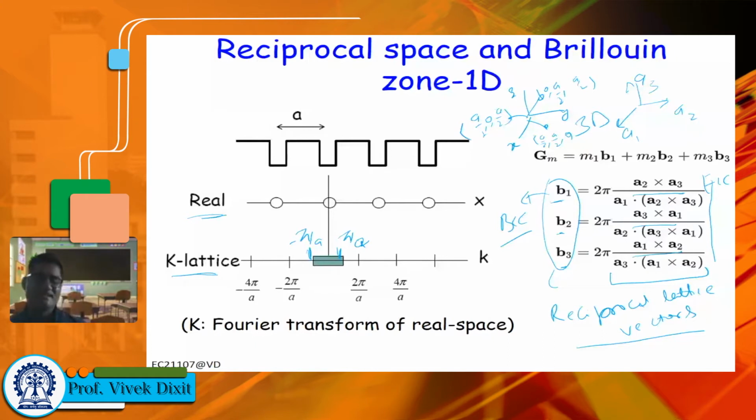Let's say you have an FCC lattice and you have these lattice vectors. You calculate the reciprocal lattice vectors, and when you translate those, basically you obtain B1, B2, B3, and by M1 B1, M2 B2, M3 B3, you reproduce the whole lattice. It will actually look like a BCC.